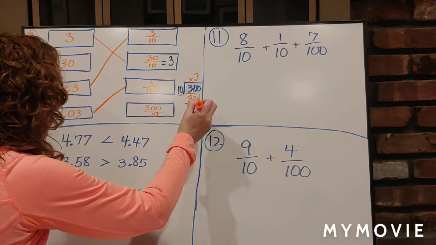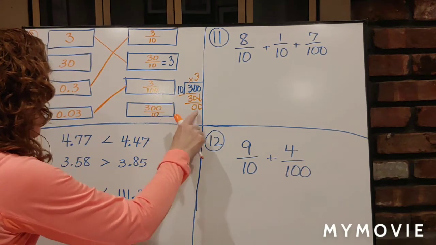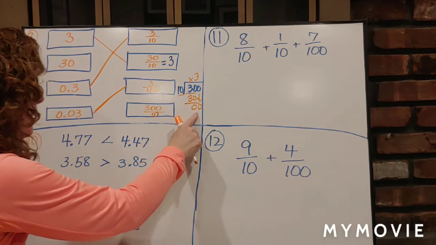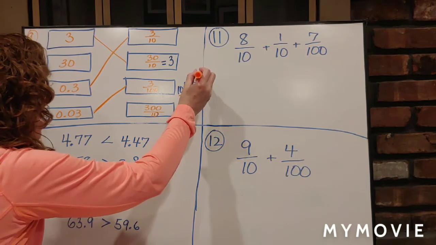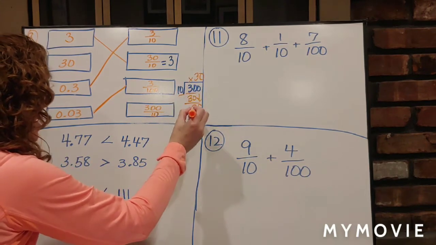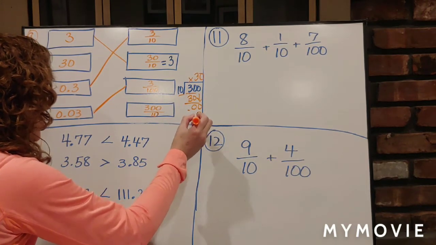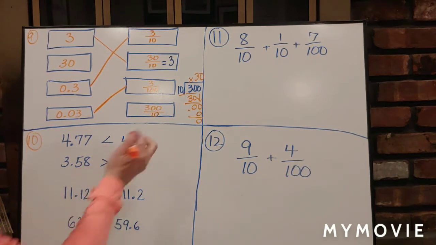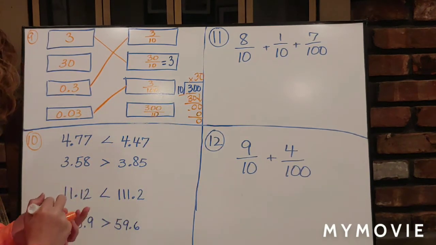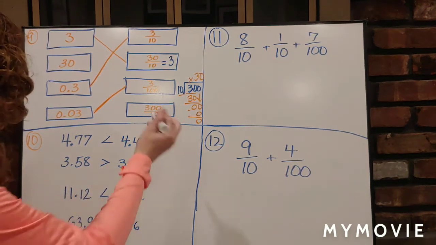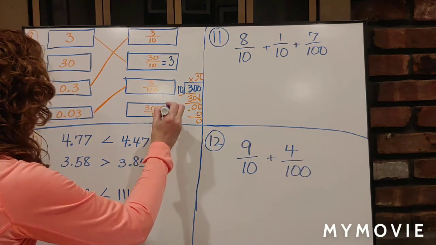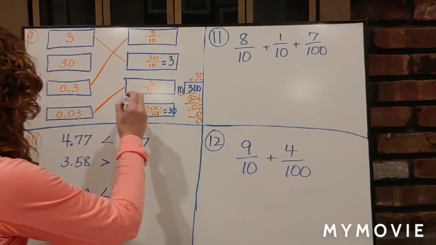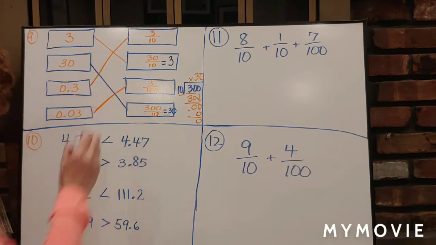Bring down our 0. How many times does 10 go into 0? 0 times. 0 times 10 is 0. 0 minus 0 is 0. So 300 over 10 equals 30, and that matches with this one.